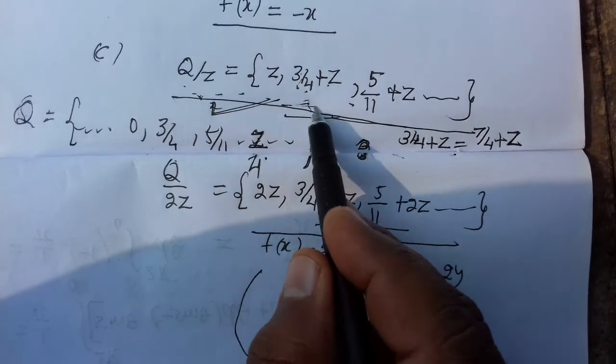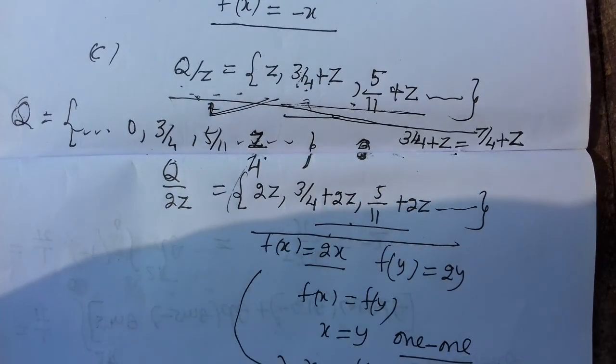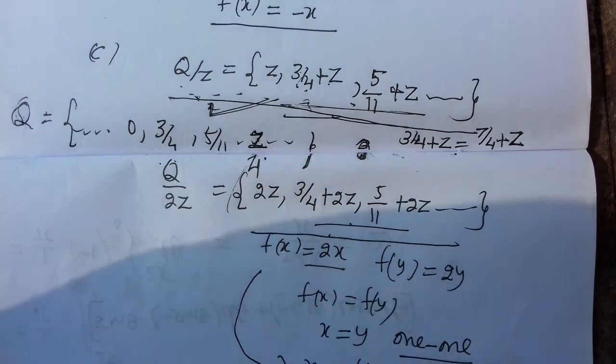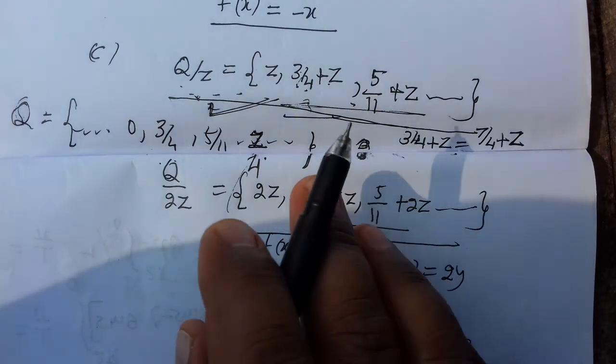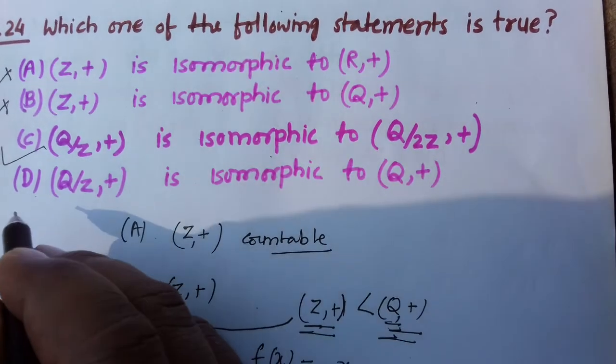So here two different looking elements are the same, but here 3 by 4 and 7 by 4 are different. So Q by Z cannot be isomorphic to Q plus, so this is wrong.